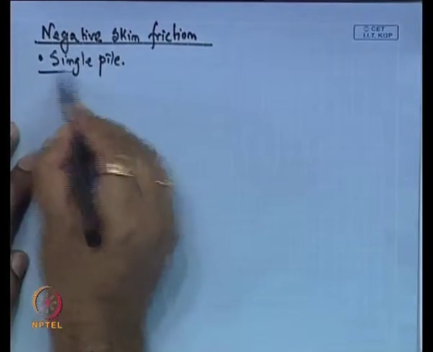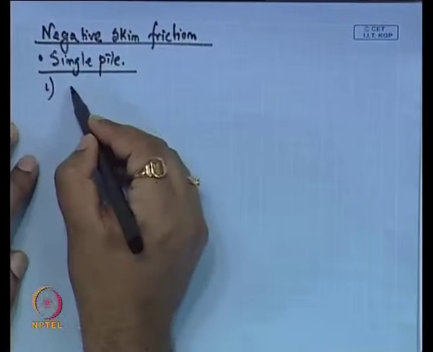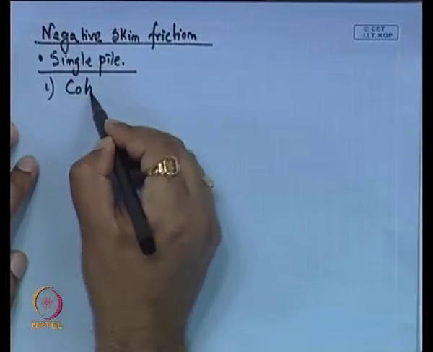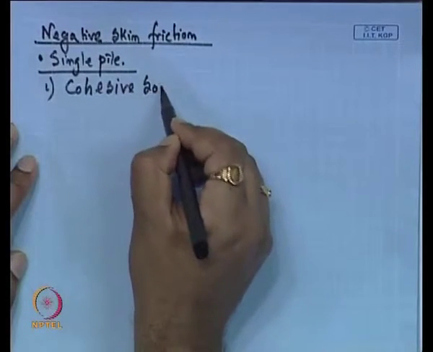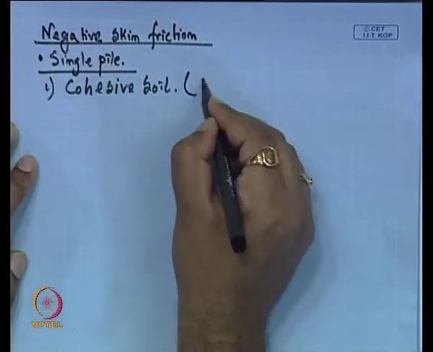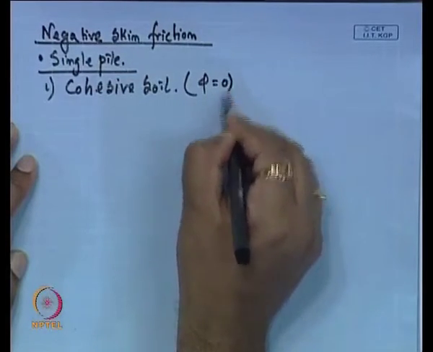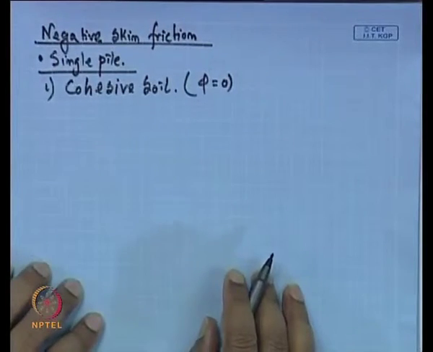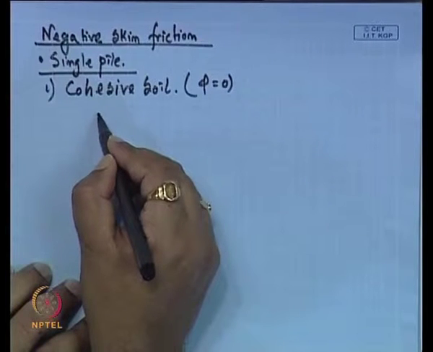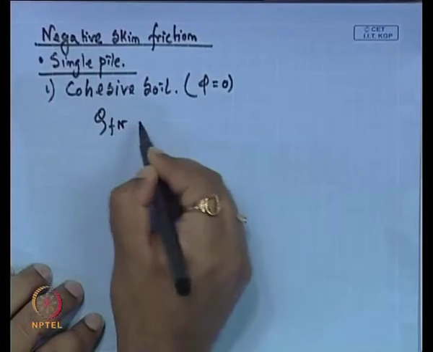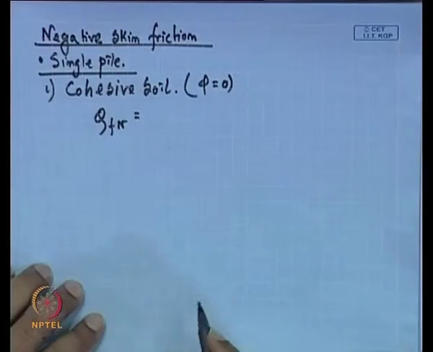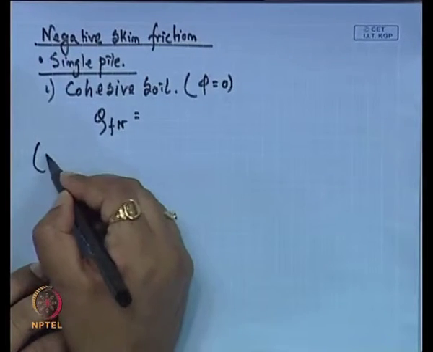How to calculate this negative skin friction? First case, we will go for cohesive soil, where we are considering that phi is 0. Suppose the negative skin friction is Q F N, where N denotes negative skin friction.